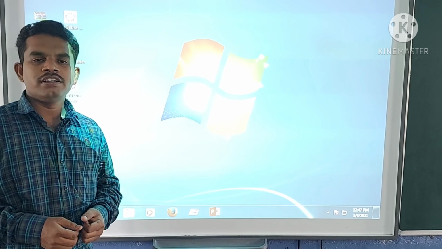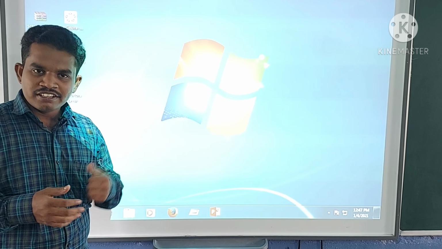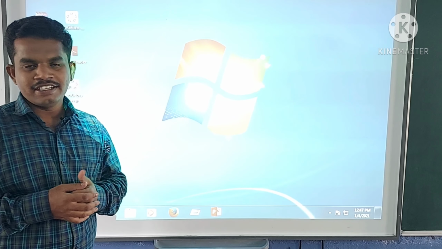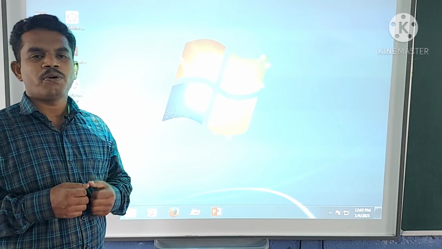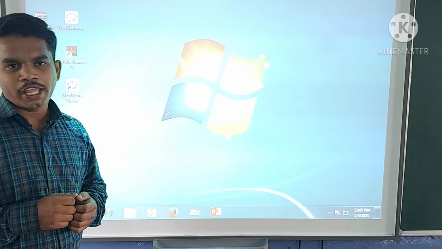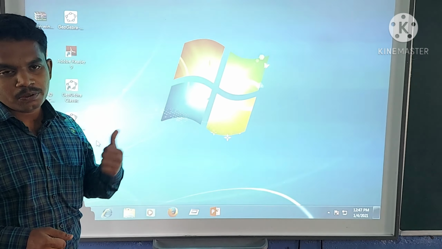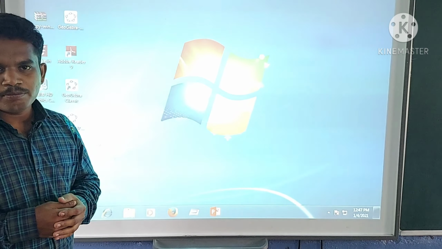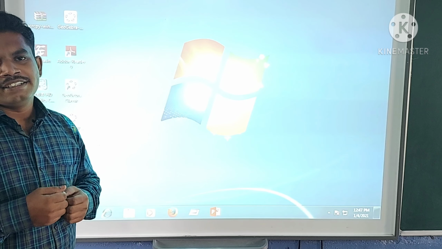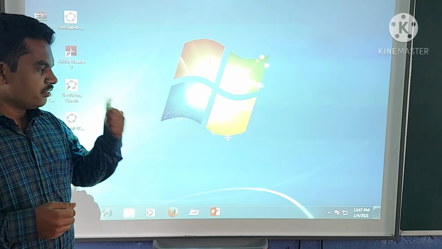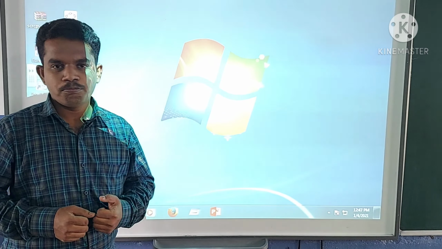Okay. Dear students, we learnt the algebraic identities and the cubic identities only in a theoretical way. Now you can visualize the geometrical proof of the identities. Okay. Now let us see the geometrical proof.